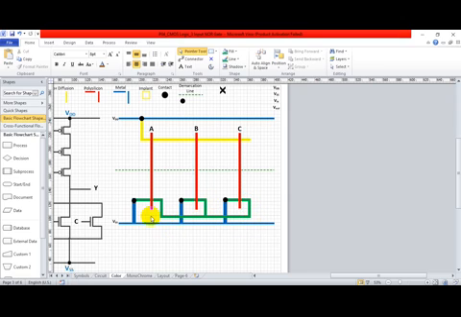Now I need to take the output. So I will take the metal again and connect to the C. Since these are different layers, I will take a contact.